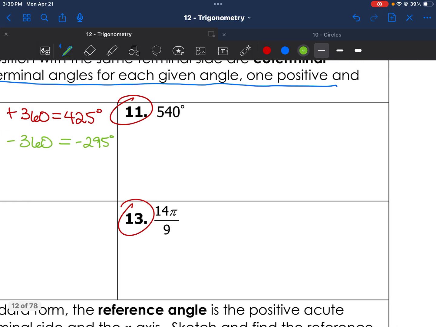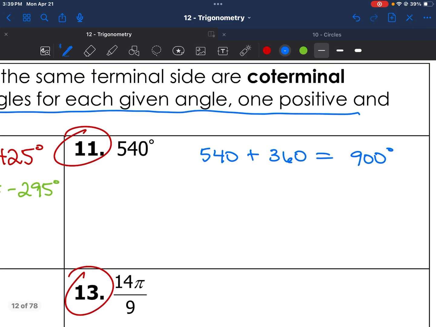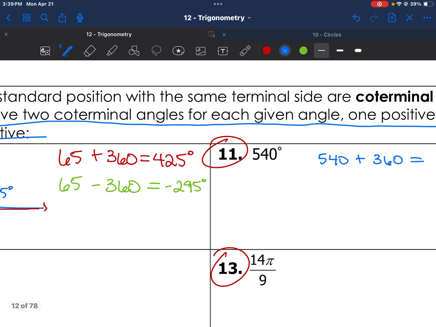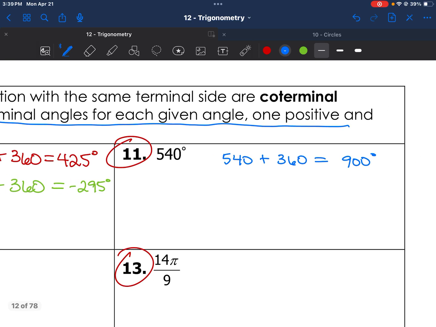All right, so what about number 11? Well, a 540-degree angle, we don't necessarily have to draw that one now that we know the trick. I can get another positive one if I just add 360, and so I would get 900 degrees. So that is one coterminal to 540. But now I want a negative one as well, because it wants two coterminal angles, one positive and one negative.